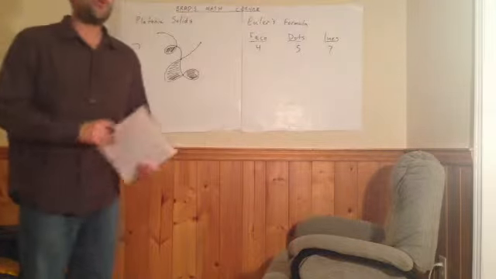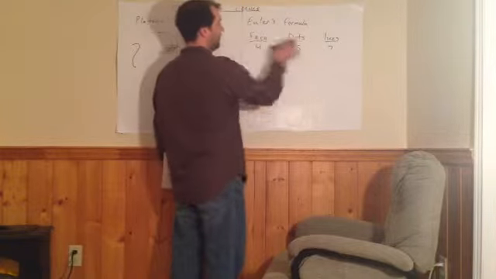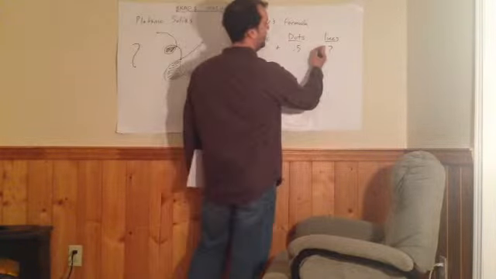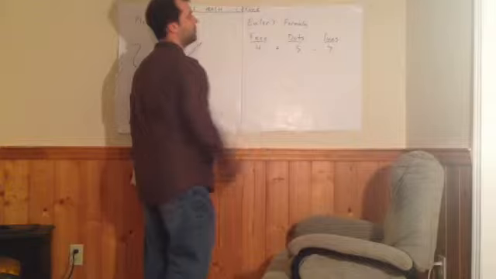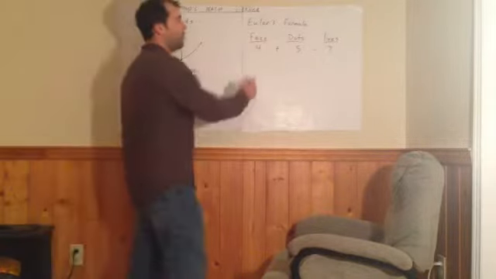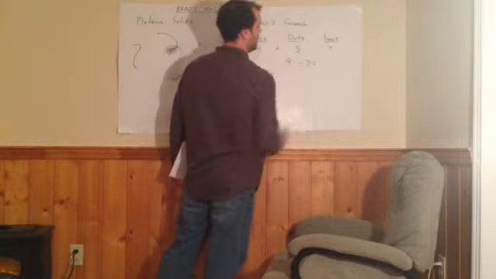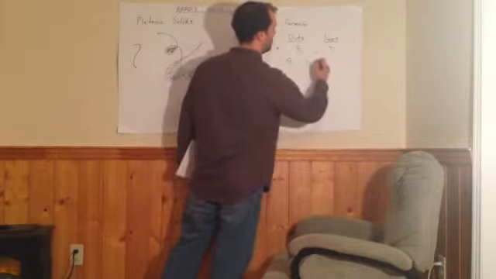Now everyone, I want you to add your dots to your faces, and then the answer you get from that you're going to subtract from the lines. Okay? So that would be 4 plus 5 is 9, minus 7 equals 2.